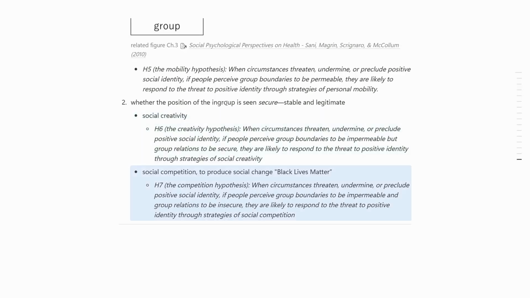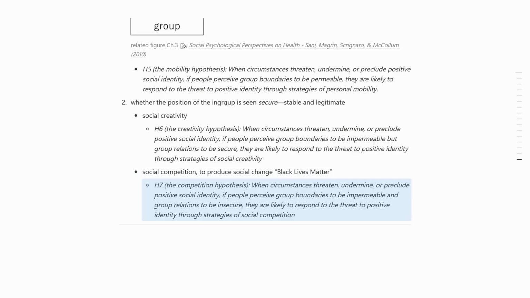And another strategy they go for is social competition. With this strategy, they try to produce social change. This strategy is taken when the position of the in-group is seen as insecure, meaning that they think their position can be improved. And I think an example is the Black Lives Matter movement.